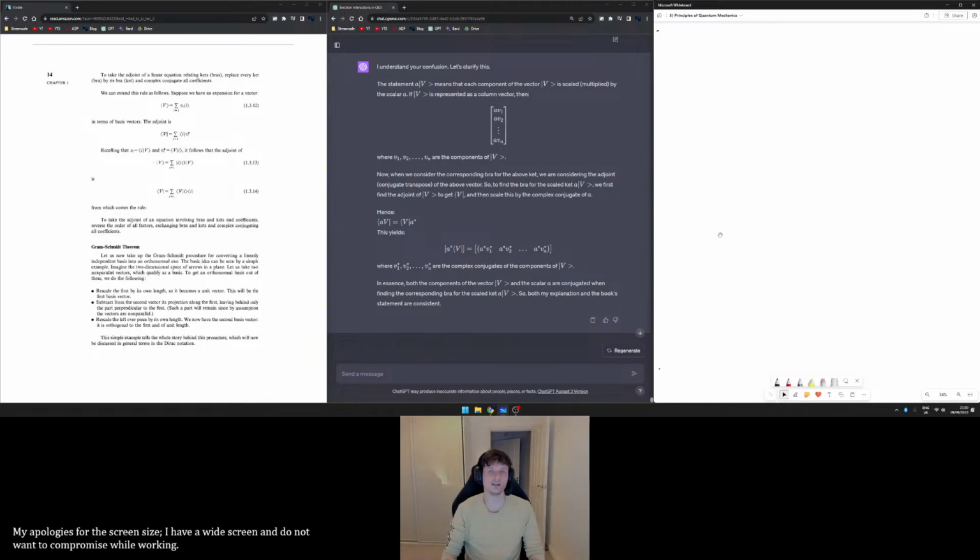Alrighty, okay. Let's start. Graham-Schmidt theorem. Let us now take up the Graham-Schmidt procedure for converting a linearly independent basis into an orthonormal one. So linearly independent means that vectors inside a vector space must not be able to be added together to create a vector that's also inside the vector space.